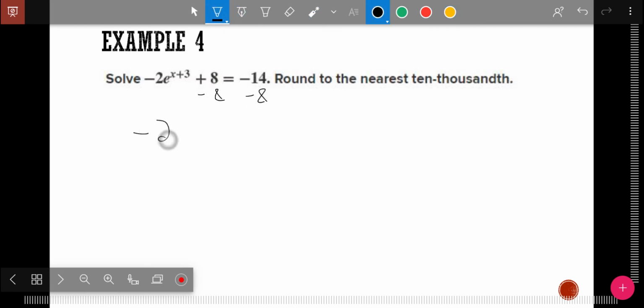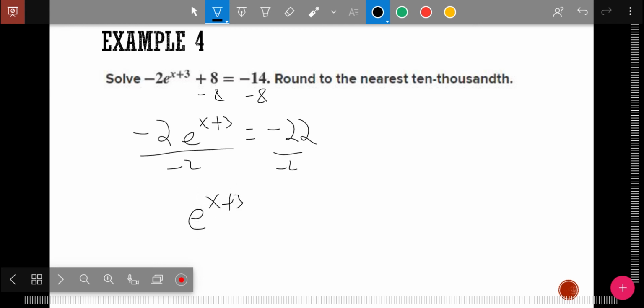So I have negative 2e to the x plus 3 power equals negative 22. And that's negative 2 times, so I do the opposite, I divide by negative 2. And so it's e to the power of x plus 3 equals 11. Now, I don't want x to be an exponent. Get down, x. How do I get it down? I log both sides. And so because it's e, it's a natural log.